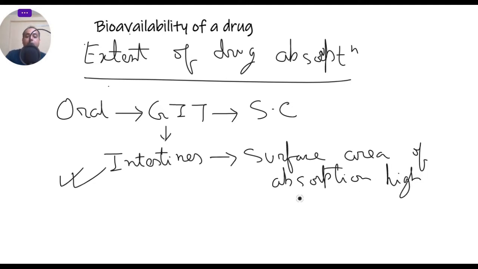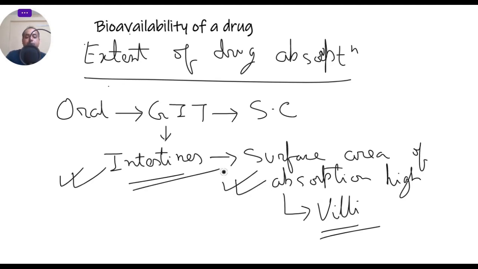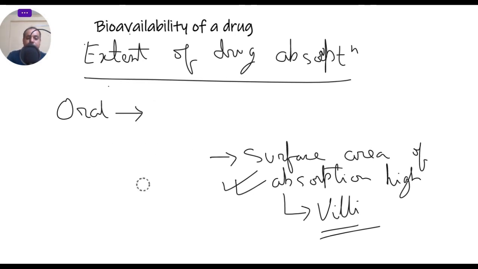Now, why will it be high? Because, as we all know, of the presence of villi. So the presence of these villi is going to increase the surface area of absorption, and most of the drugs preferably will be absorbed from the intestine in case of oral administration, right? So suppose we are giving a drug orally.